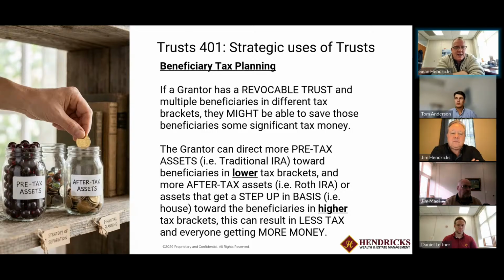So the grantor can direct more pre-tax assets, like traditional IRAs, towards beneficiaries in lower tax brackets, and more after-tax assets, like a Roth IRA, or assets that get a step up in basis, like their home. If they can allocate more of those types of assets towards beneficiaries in higher tax brackets, the result can be that less tax money is owed and everyone gets more money.